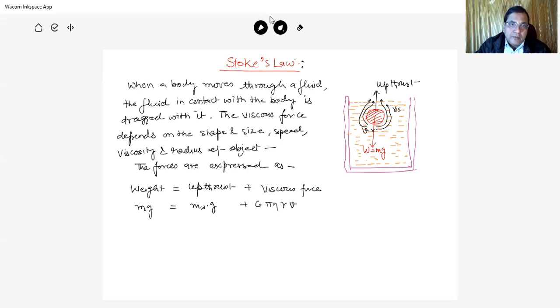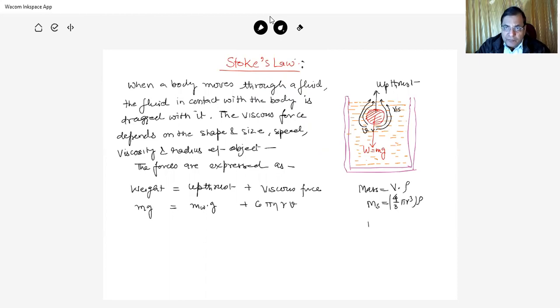Now mass is equal to volume into density. If the radius of the object is r, the volume is 4 by 3 pi r cube.